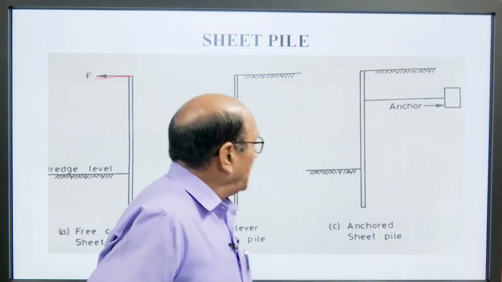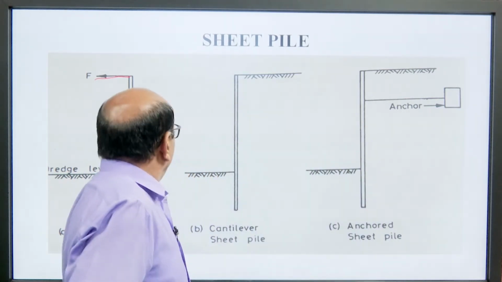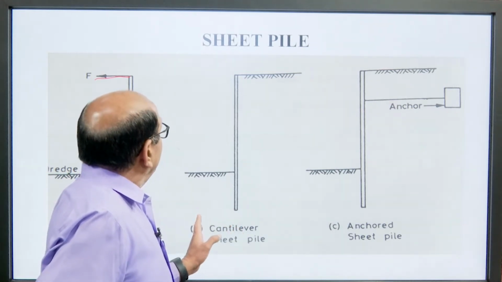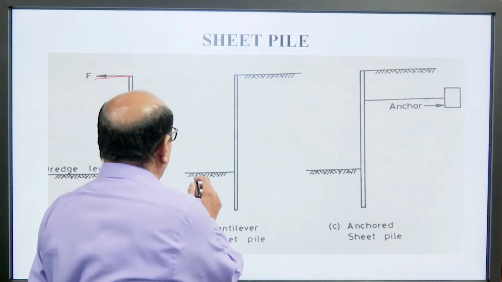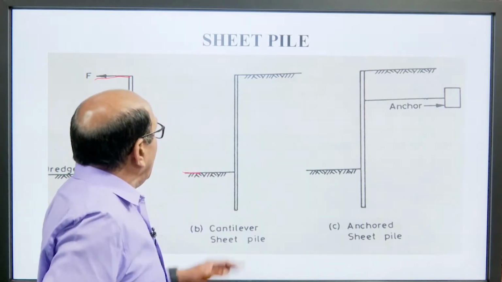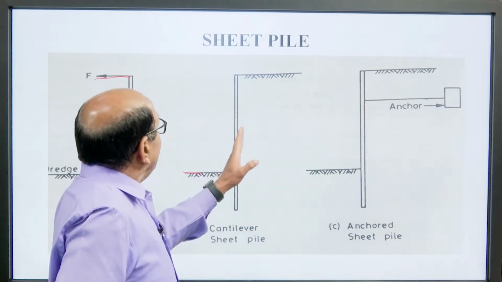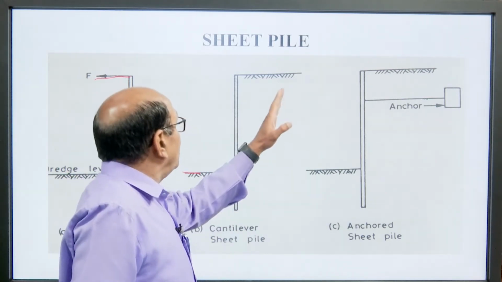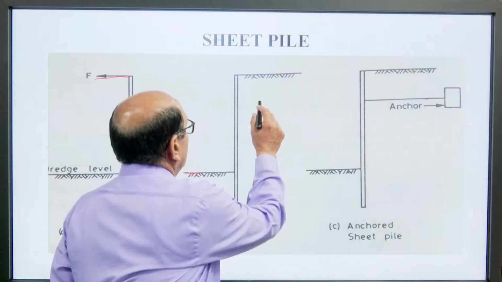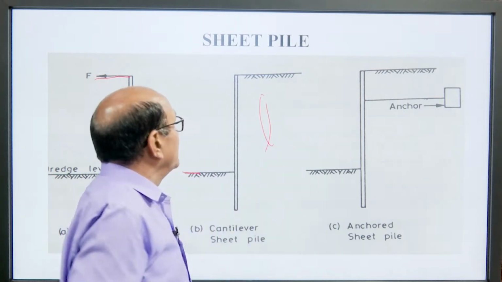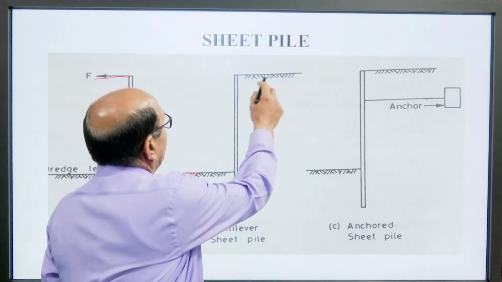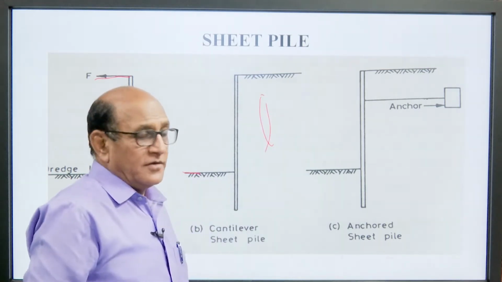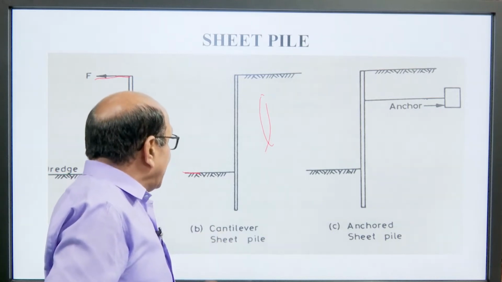So, here we can say this is the cantilever sheet pile, this is the dredge line of course, and the sheet is provided to protect earth from this side, and this is the backfill from up to here. So, this is a cantilever pile.